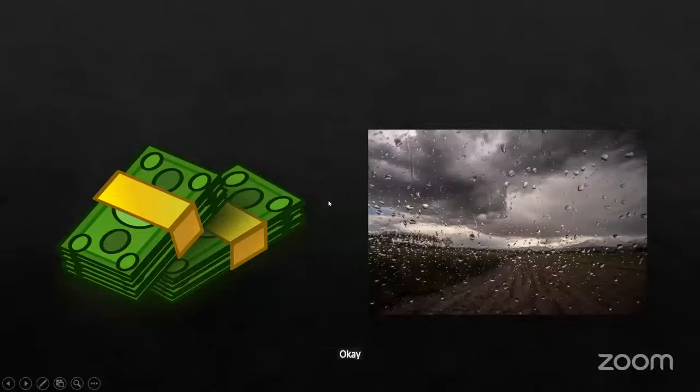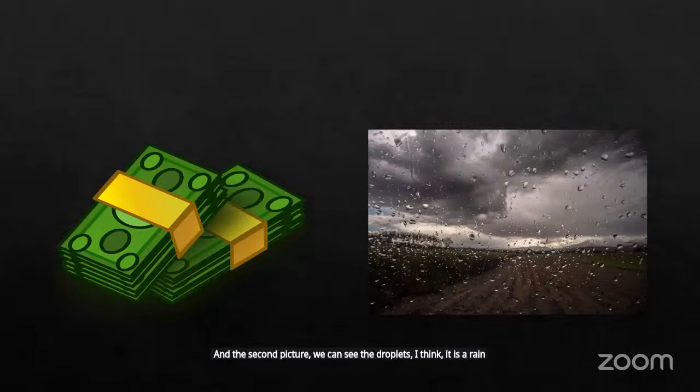Sir, in the first picture, we can see the money, and in the second picture, we can see the droplets. I think it is rain. When we connect these two, a person having more money can see people unclearly, showing the difference between poor people and rich people.